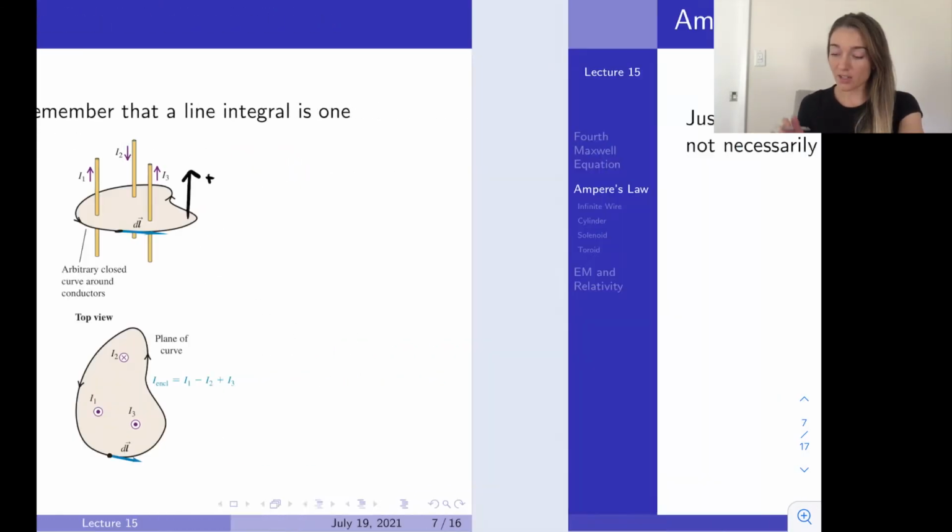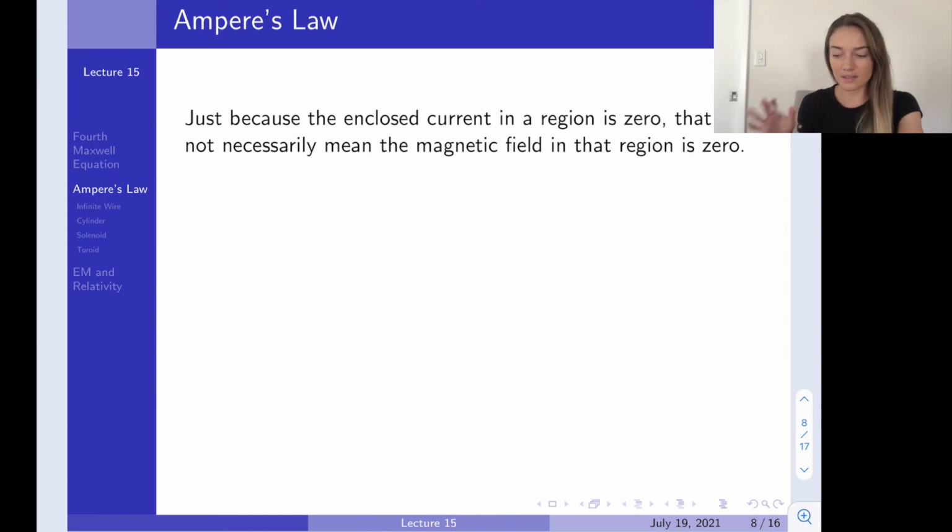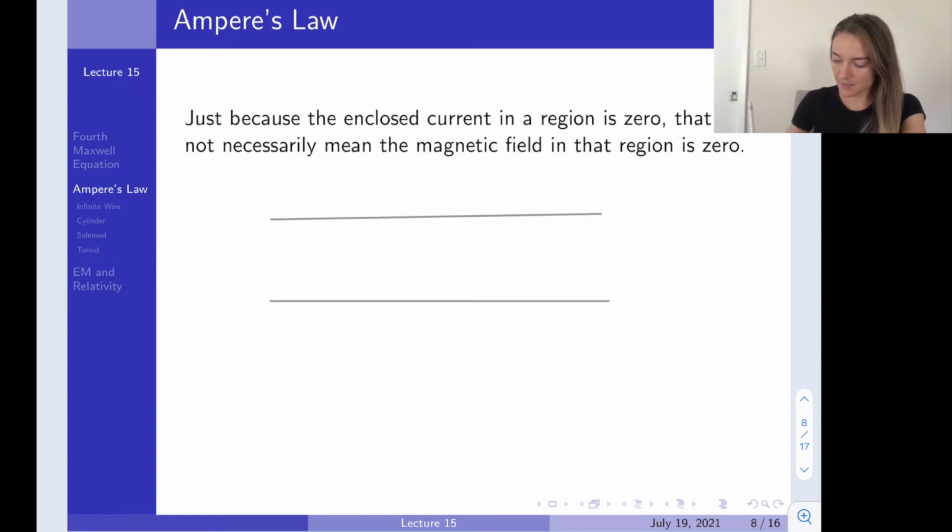Okay, and then just a reminder, a little technicality, just like with Gauss's law. Let's say I have two wires here, and I have I1 going in this way and I2 going in this way.